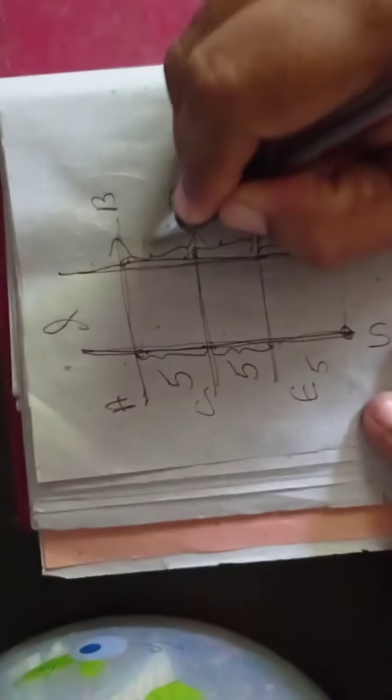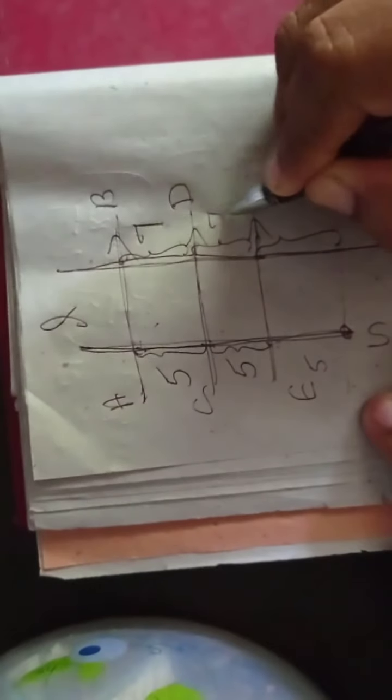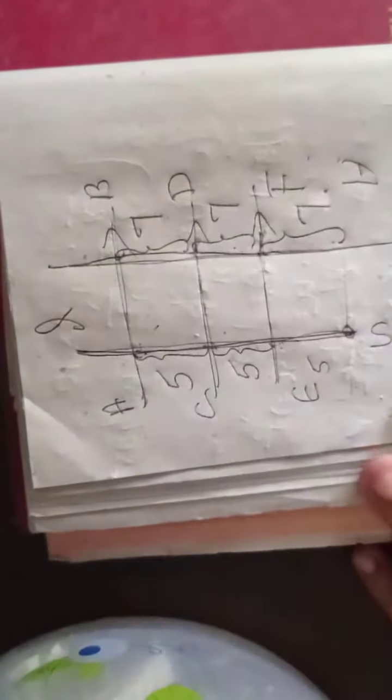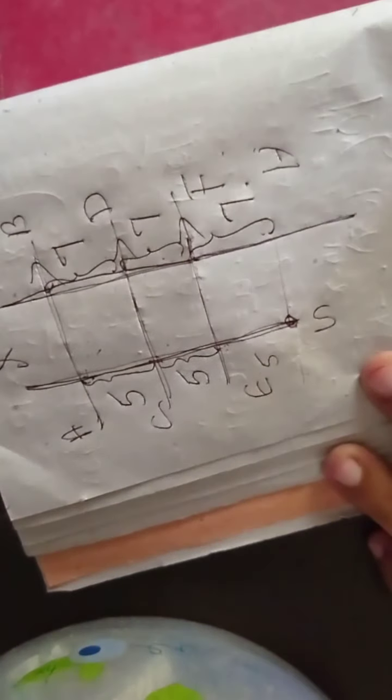Understand? If this is 7, then the second one is also 7 and the third one is also 7. That is the intercept theorem. Understand? Right.